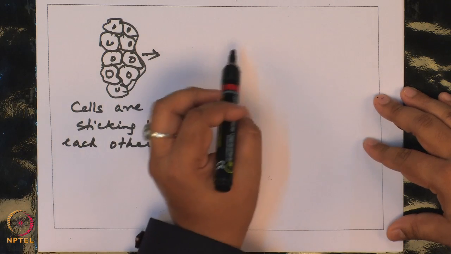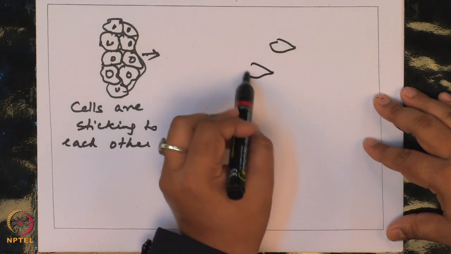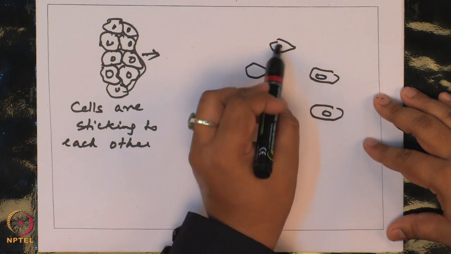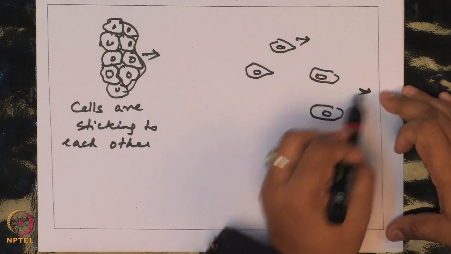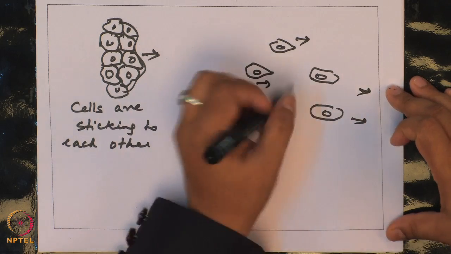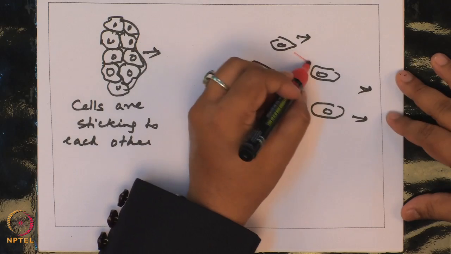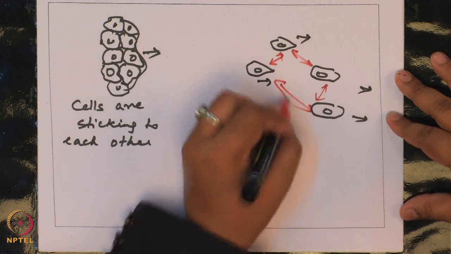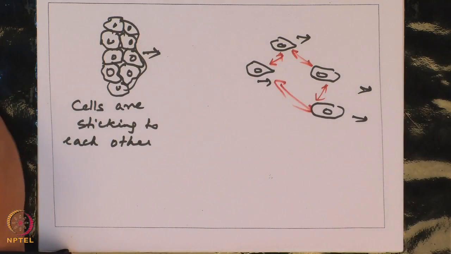You can also have a situation where a group of cells is migrating, all of them effectively in the same direction, but there is some other signaling between these cells such that their relative distance is maintained.